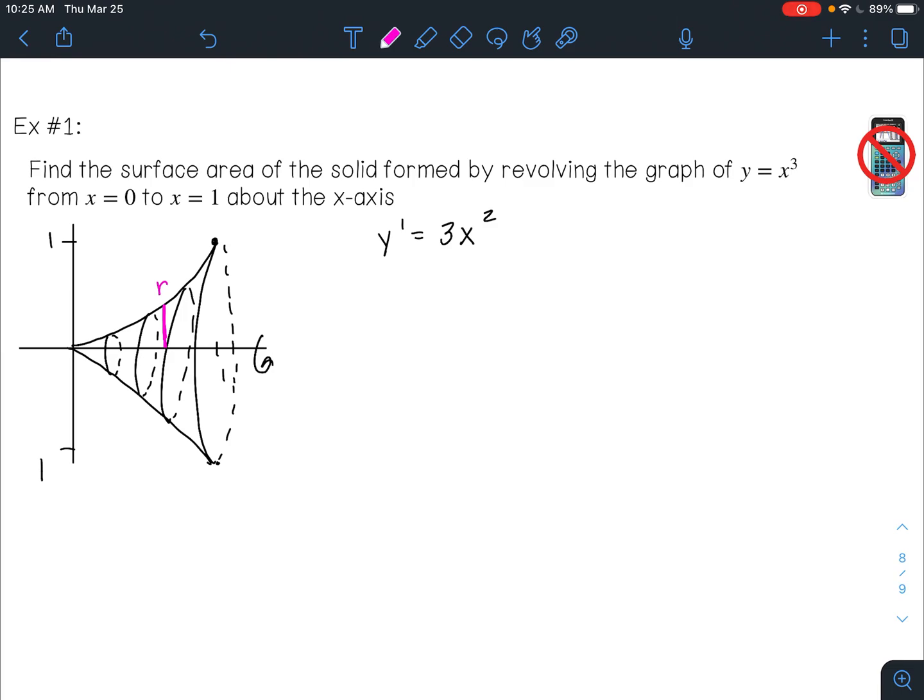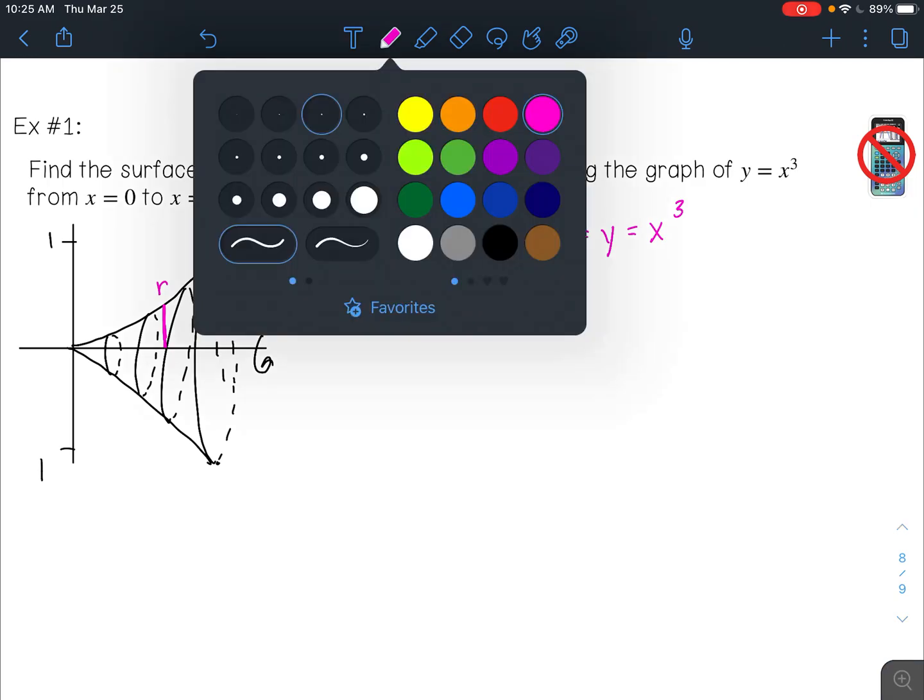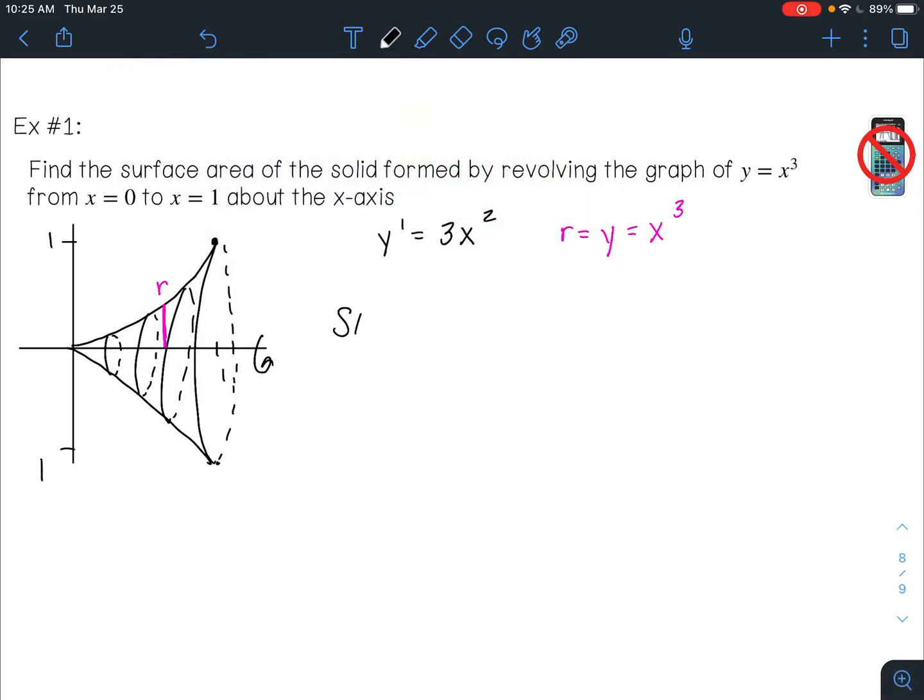At this point, that distance is the function, equal to the y coordinate, and y is equal to x cubed. So when I set up my surface area integral, I'm going to have pi times the integral from 0 to 1 of x cubed times the arc length, the square root of 1 plus 3x squared, all squared, dx.